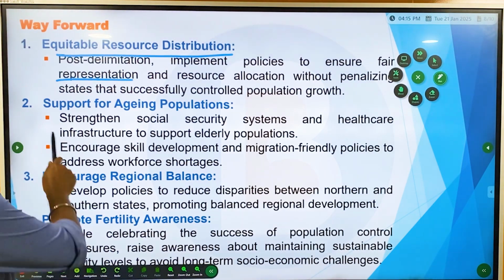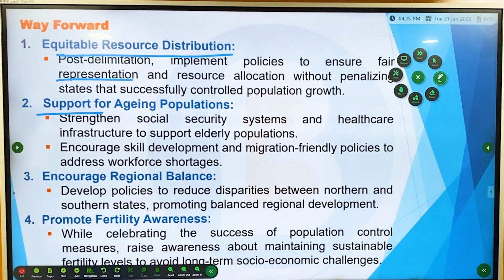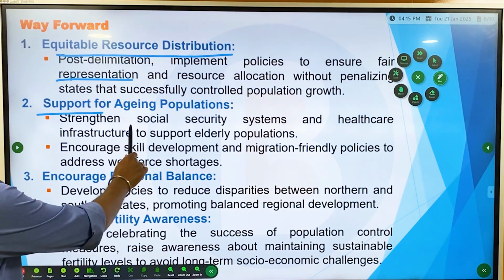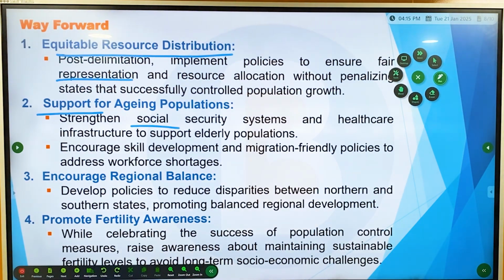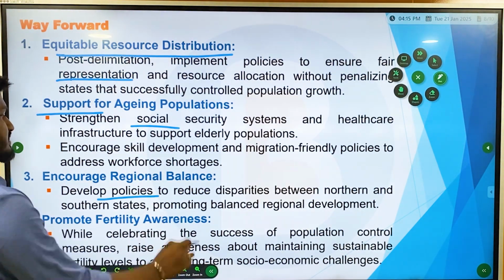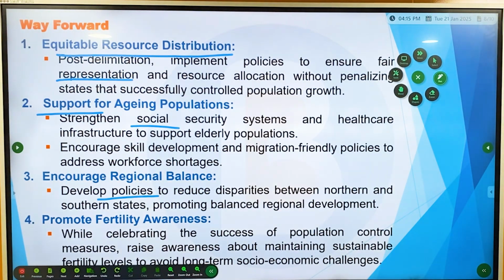Okay, then support for aging populations, that is strengthen social security systems and healthcare infrastructure to support elderly population. Then encourage skill development and migration friendly policies to address workforce shortages. And then encouraging regional balances, that is develop policies to reduce disparities between northern and southern states, promoting balanced regional development.